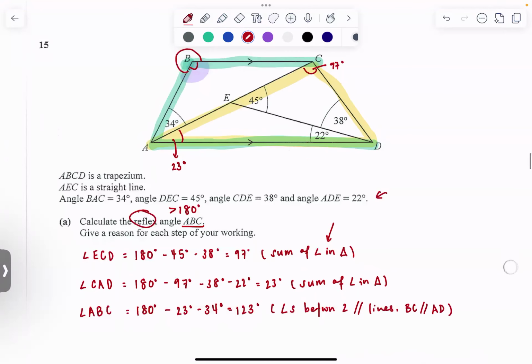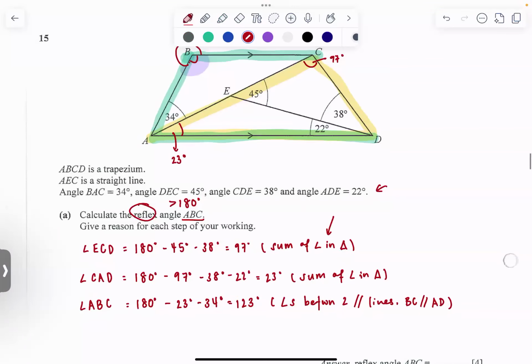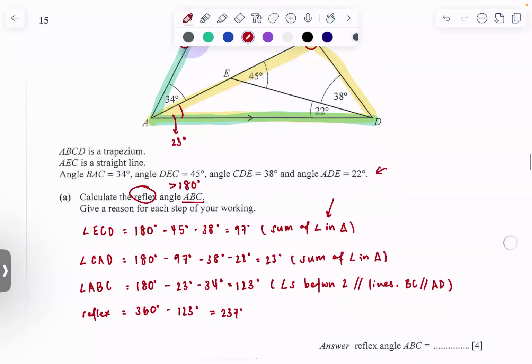And now you have the normal ABC, so you go and find your reflex. And that should be equal to 360 minus 123. Okay? 237. For this line, you can write the reason is angles at a point. Right? Because angles at a point add up to 360.